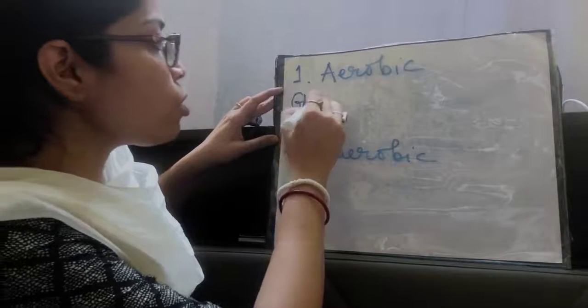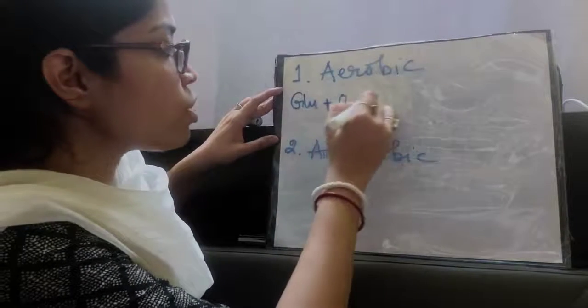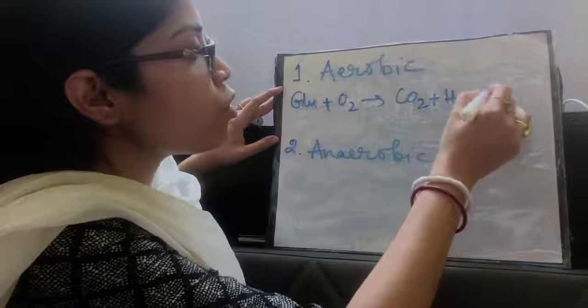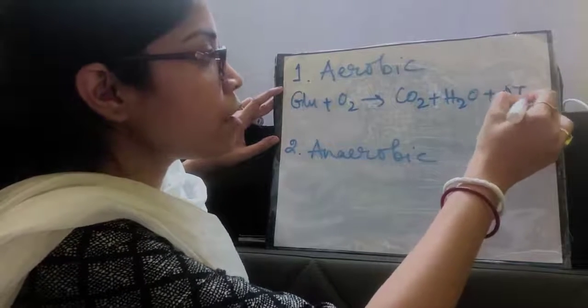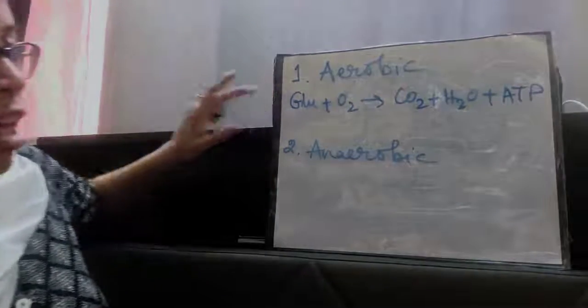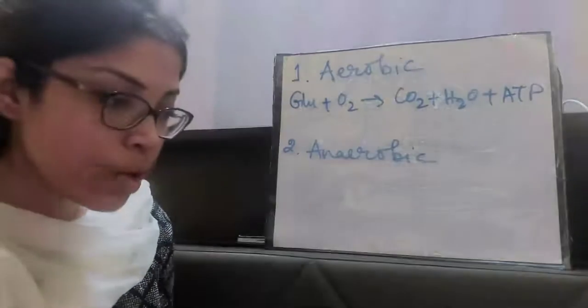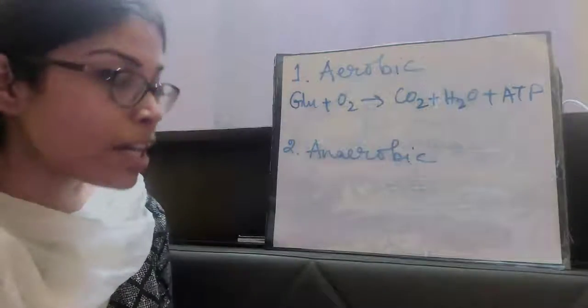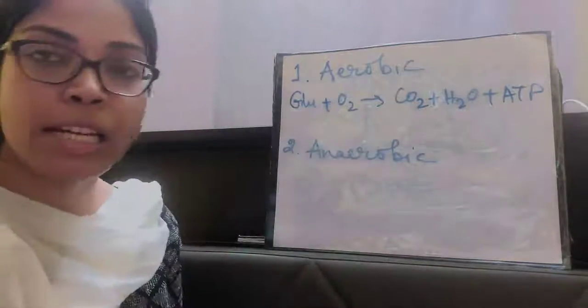Remember, glucose plus oxygen forms CO2 plus H2O plus ATP. This is what the equation is, right? So it takes place in presence of oxygen and it is completely oxidized.